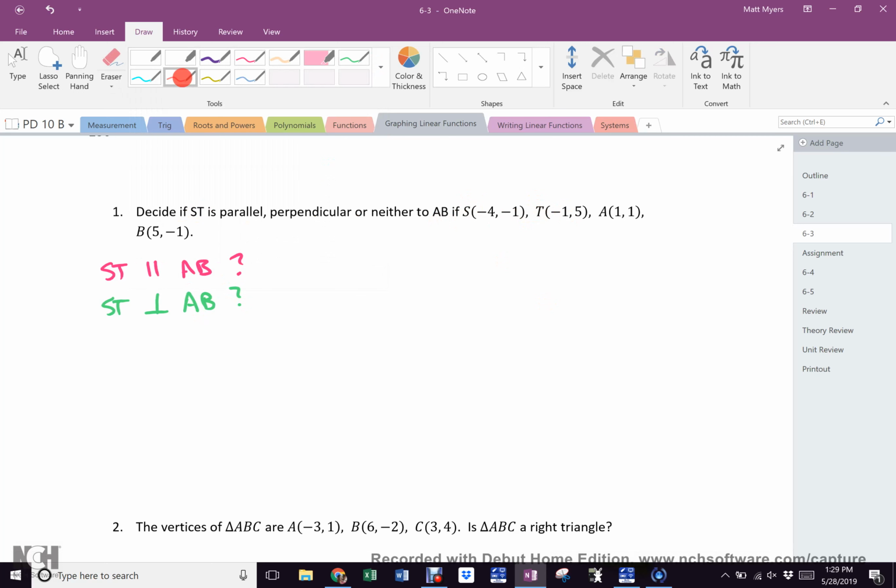What is the indicator of parallel or perpendicularity? Slopes. So I better check these slopes, yes? What is the slope of ST? And what is the slope of AB? I'm waiting to see if you can remember how to do this from yesterday.